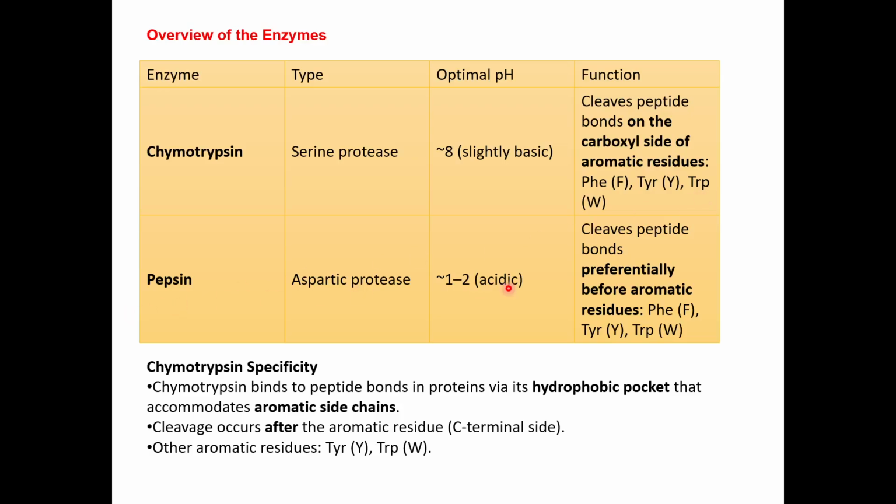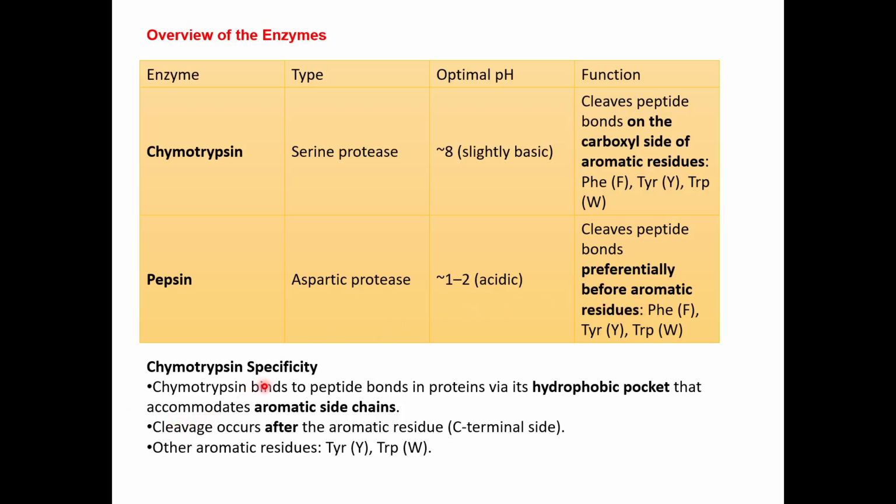Pepsin cleaves peptide bonds before the aromatic residues phenylalanine, tyrosine, and tryptophan. So chymotrypsin cleaves on the carboxyl side of the aromatic residue, and pepsin cleaves before the aromatic residue.